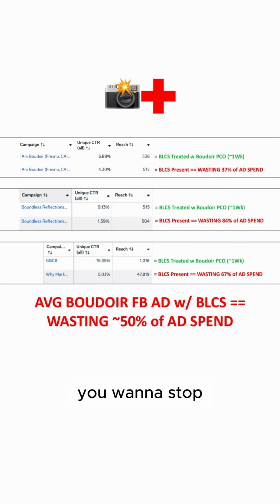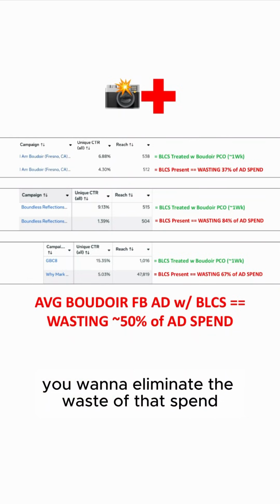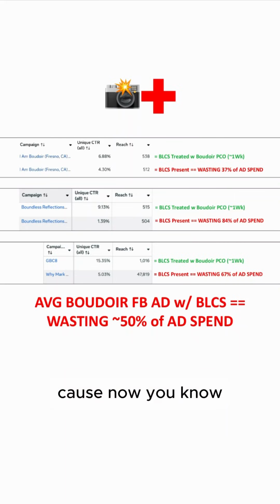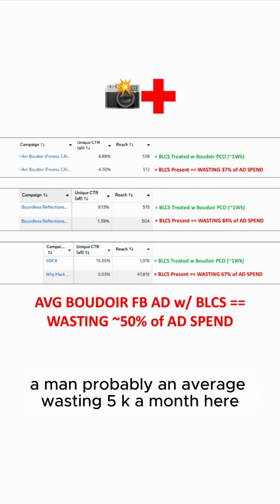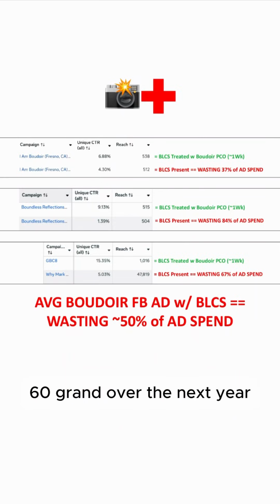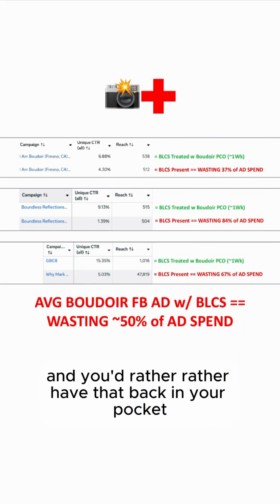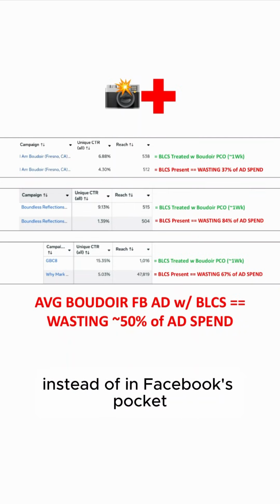You want to eliminate the wasted ad spend, optimize your Boudoir Facebook ads, because now you know, oh man, probably on average wasting 5K a month here, 60 grand over the next year, and you'd rather have that back in your pocket instead of in Facebook's pocket.